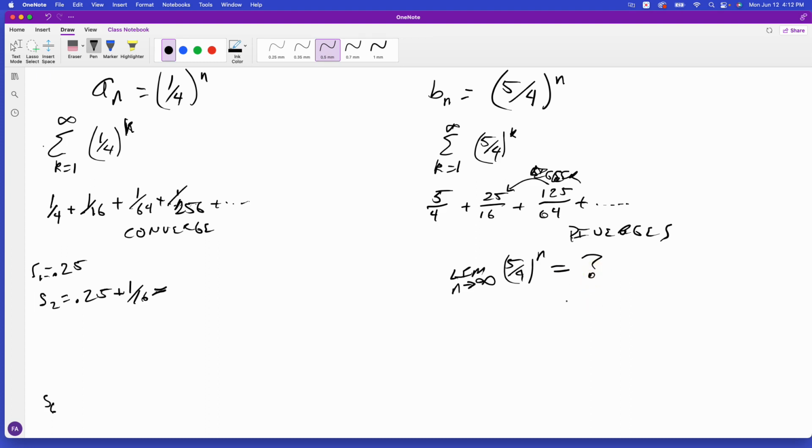But when you actually think about this, it's talking about 1.25 raised to the n power. Is that going to go to a particular value, or is it just going to continue to grow and grow and grow? It's actually going to go off to infinity, which means that the values are getting bigger and bigger.